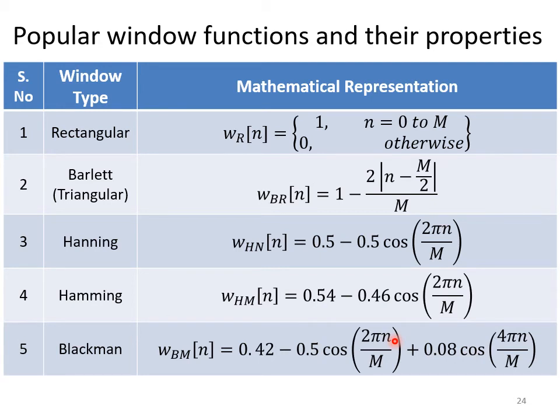Obviously you don't have to memorize these equations. Whenever such a question is given in the exam, the formula sheet would be provided to you. You just have to understand how to use these window functions.